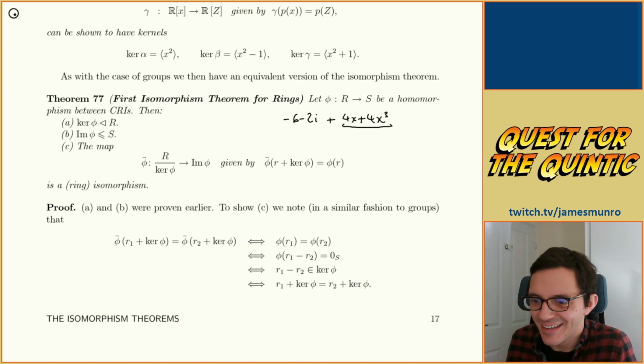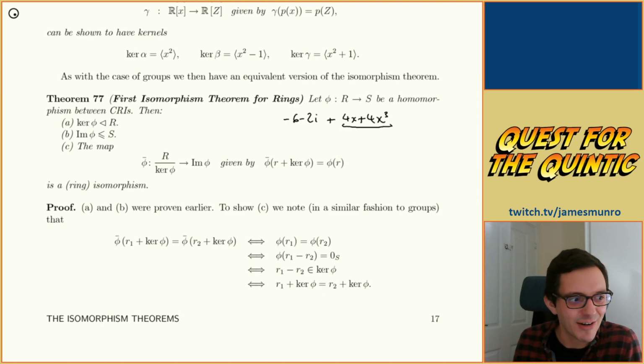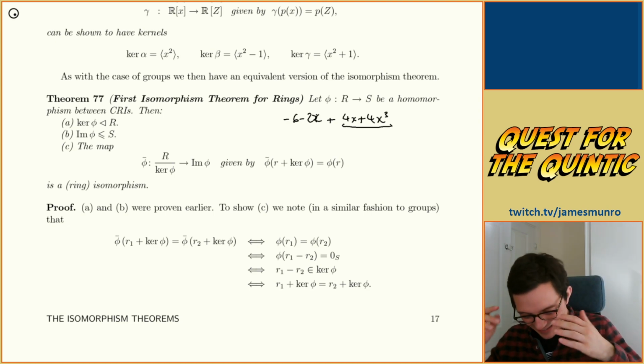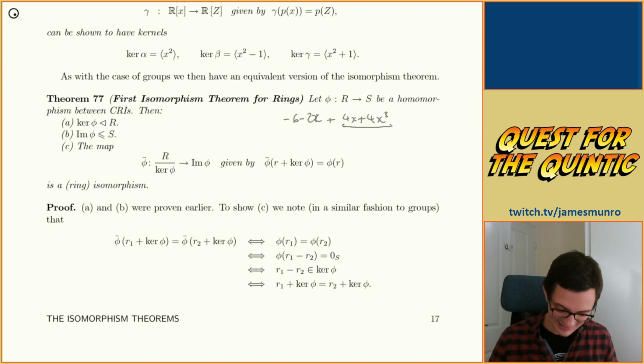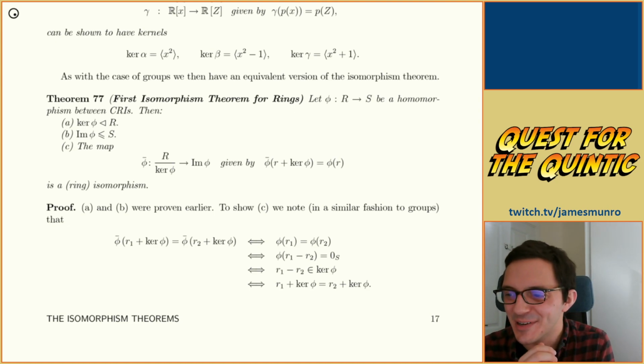Oh no. What's my phi? Whatever, the one where x squared plus 1 generates the ideal as the kernel. Okay. Oh no, now I want the x. I'm jumping the gun a bit.